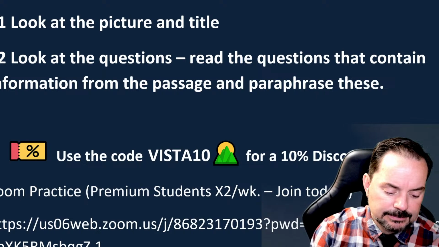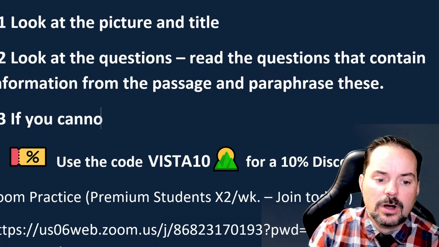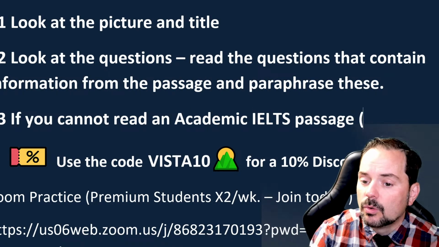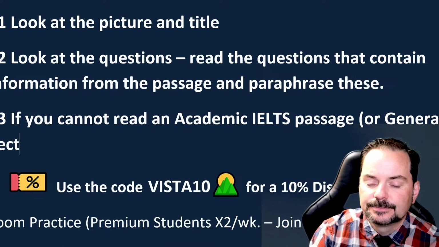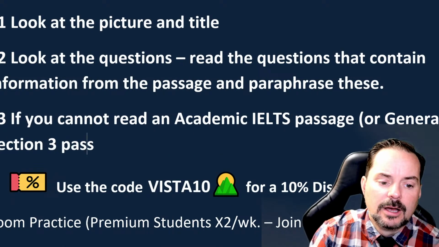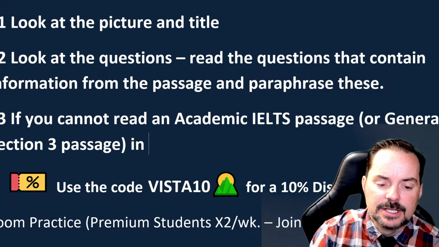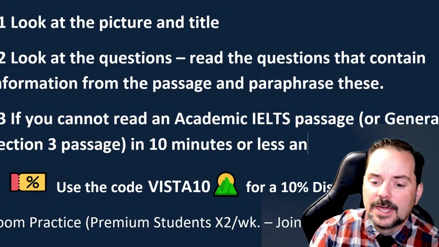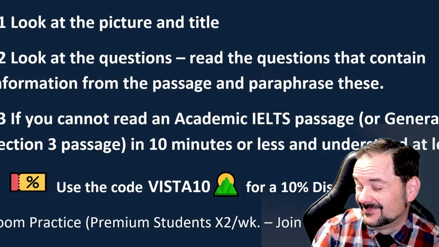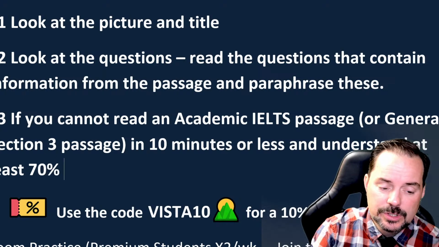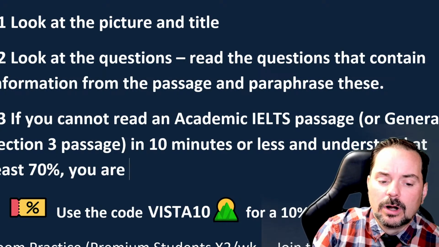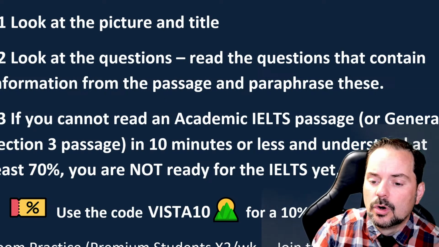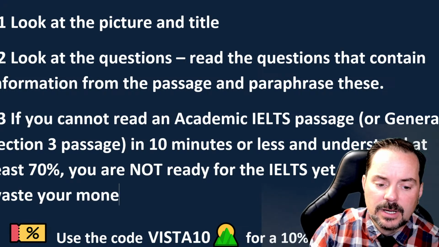So number 3, if you cannot read an academic IELTS passage or general IELTS section 3 passage in 10 minutes or less and understand at least 70% or so, you are not ready for the IELTS yet, so do not waste your money.